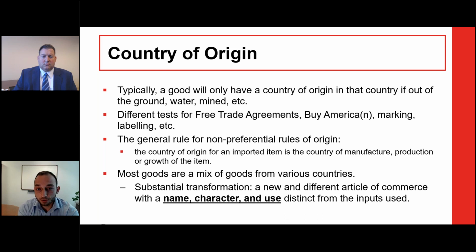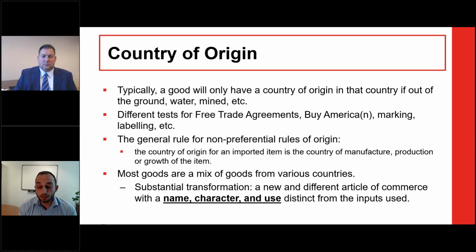There are different tests for FTAs, by America Act, marking and labeling requirements, but the general rule for non-preferential rules of origin is that the country of origin for an imported item is the country of manufacture, production, or growth of the item. The problem is that most goods today are a mix of inputs from various countries, and in that case, you will need to apply a substantial transformation analysis to determine the country of origin of the product.